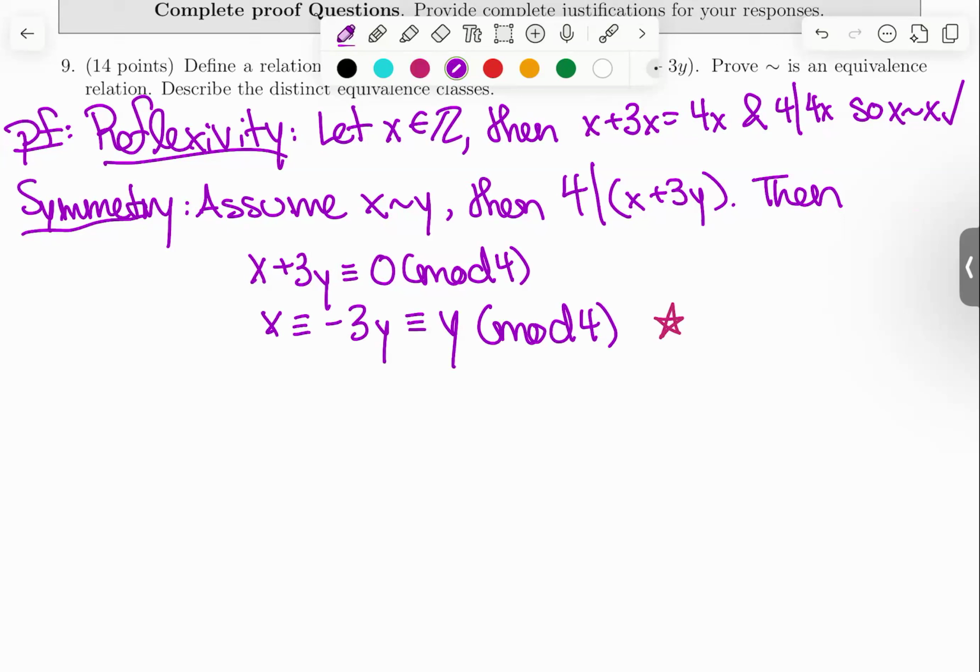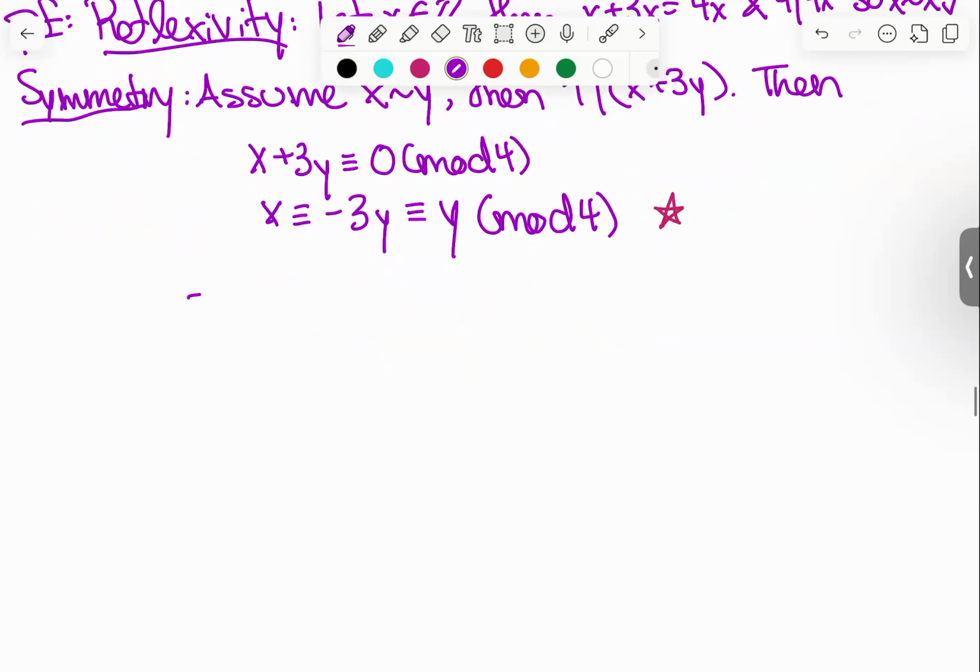Okay, but how does that help us right here, right now? Well, I could minus x onto the other side. So I could say then 0 is equivalent to y minus x. But I can add 4x to that, right? But if I add 4x to that, I get y plus 3x. So y plus 3x is 0 mod 4.